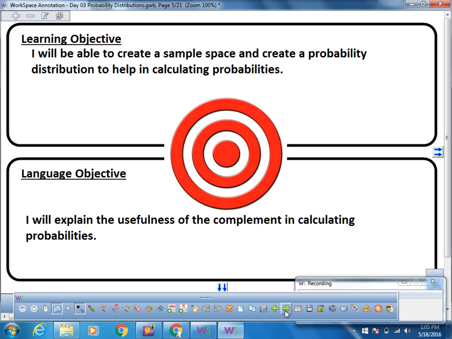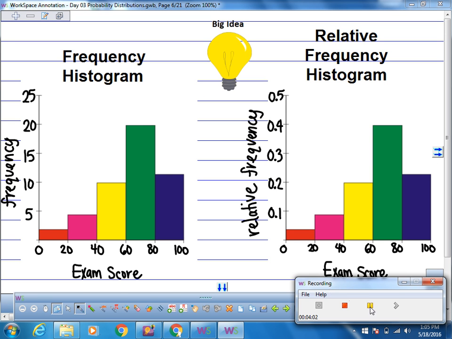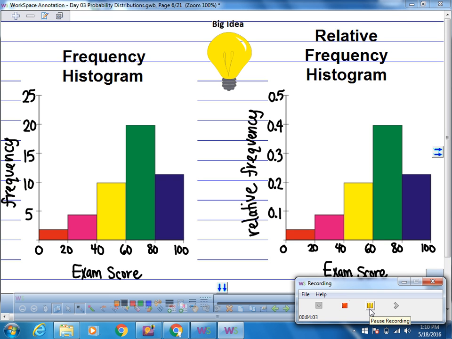Alright, so I'll be able to create a sample space and create a probability distribution to help in calculating probabilities. We're going to do what we did yesterday, where we had a histogram, and we're going to add some probability into that today. Here's our big idea.